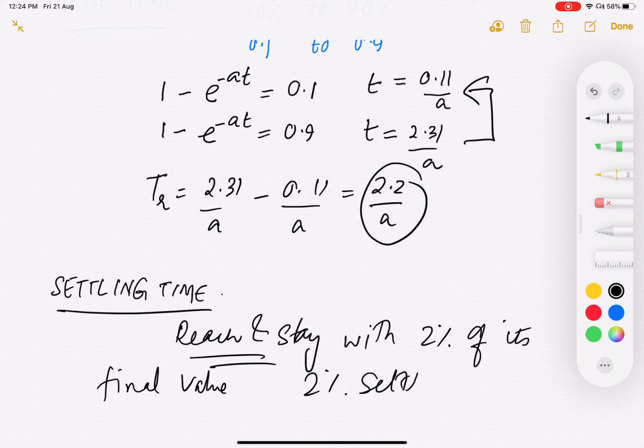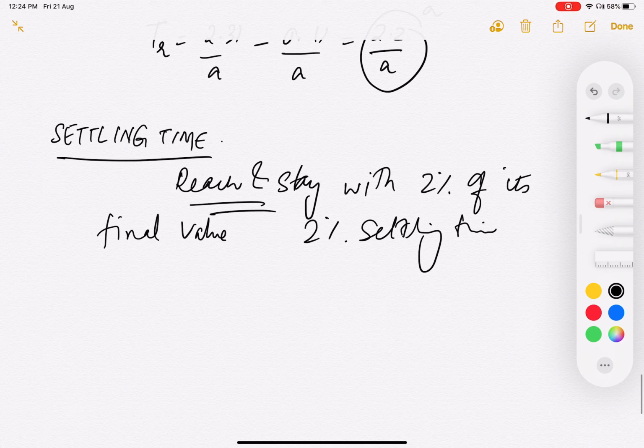You can also have something called the 5% settling time. 5% settling time would be if you say that the time required is to reach and stay within 5% of the final value. That would be the 5% settling time, right? So in any case, in general, we talk about the 2% settling time, and we call the settling time to be the 2% settling time.